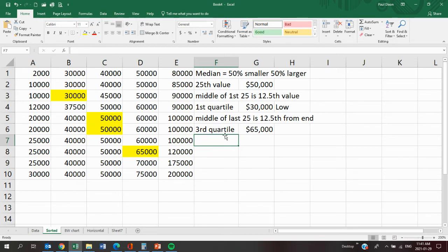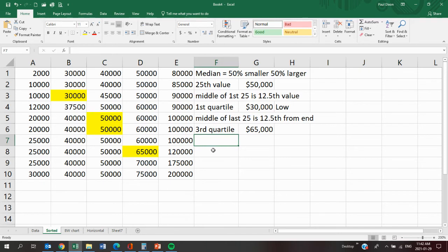Oh, by the way, if you were curious as to why I've got first quartile and third, but where's the second? The median is the second quartile. I have a quarter of my data between 0 and 30,000, a quarter of it between 30 and 50, a quarter between 50 and 65, and a quarter between 65 and the end.